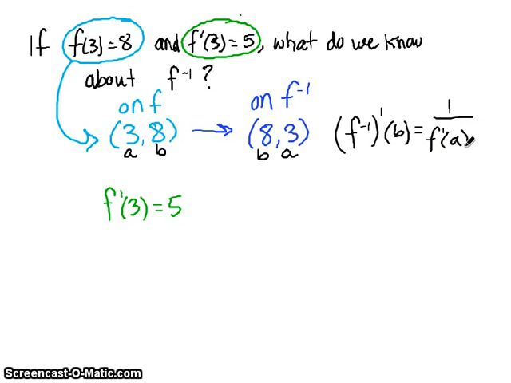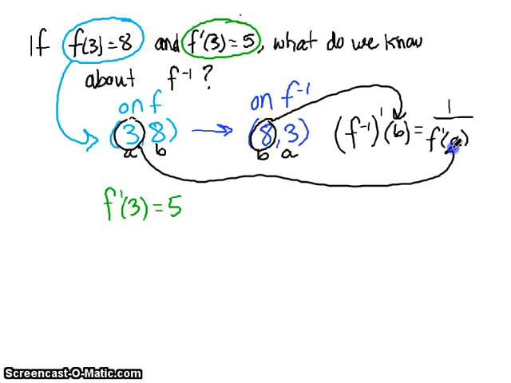So what we know from this is, if we take those values we know, we can plug this 8 in for b, and we can plug this 3 in for a. So we know that f inverse prime of 8 is equal to 1 over f prime of 3.